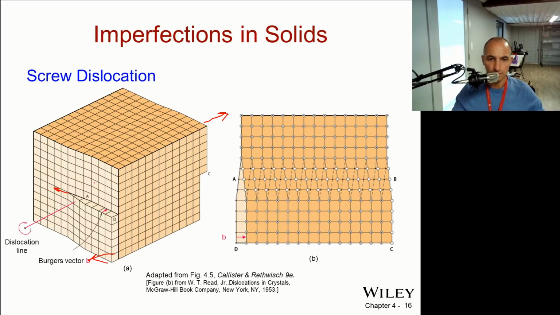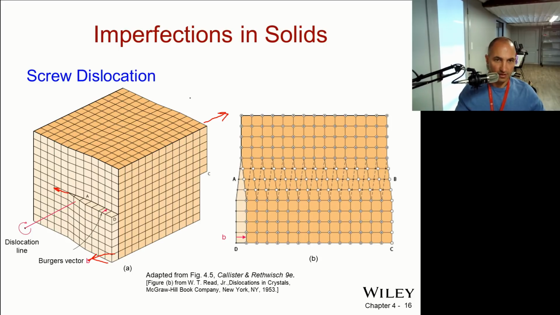If you draw the circuit around this one, 1, 2, 1, 2, 1, 2, 1, 2, then the Burgers vector is just that step. Better to draw it with more of them. Get the idea of that.